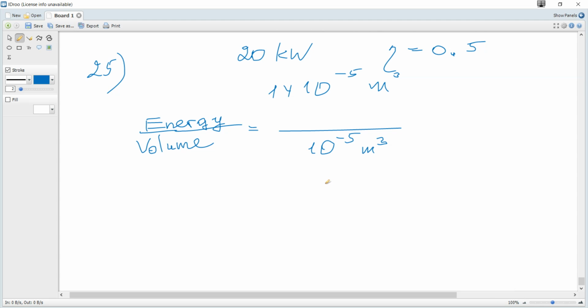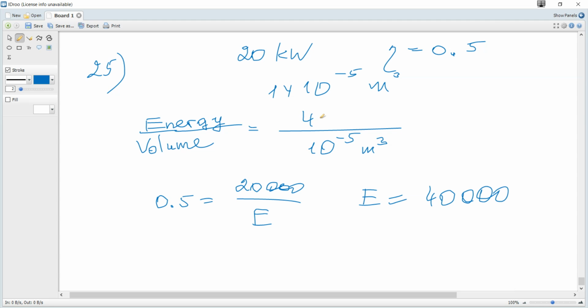So we need energy. And what is efficiency? Efficiency is useful energy, it's 20 kilowatts, since we consider time to be 1 second, it becomes 20 kilojoules, divided by total energy input, which will be the energy provided by the fuel, and we need this. So 0.5 is a half, so the energy is 40,000 joules.